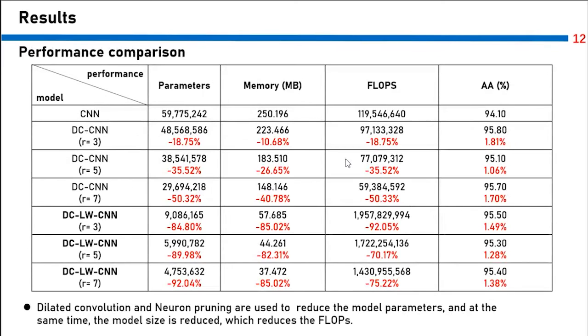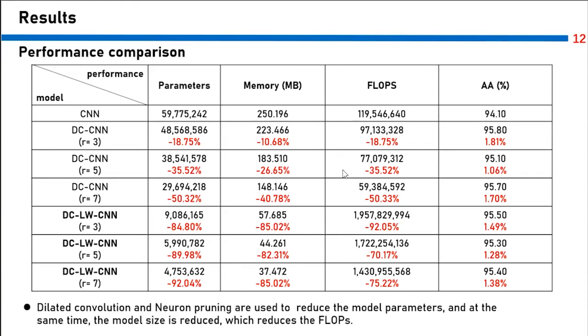In this part, we evaluate the effect of compression and acceleration through parameters, memory and FLOPS. Comprehensive comparison of various data. Simulation results show that the compression and acceleration performance of DCLWCN with R equals 7 is better.